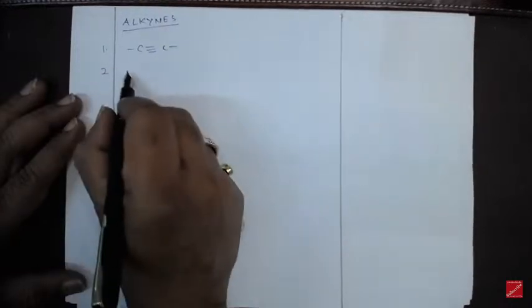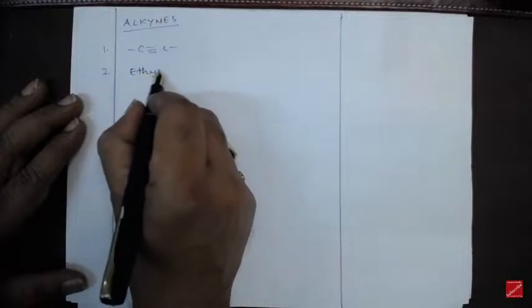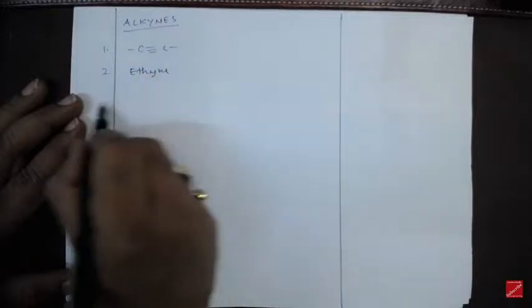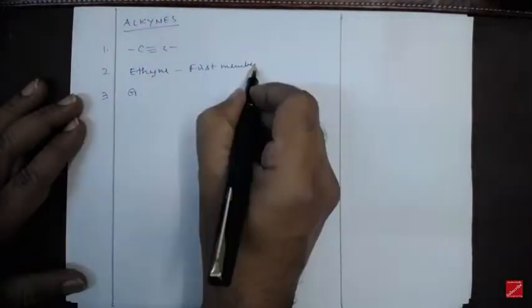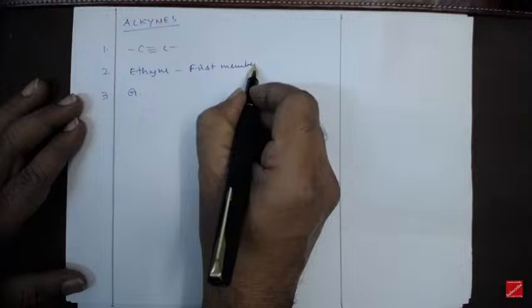The first member is ethyne, and the general formula is CnH2n minus 2.